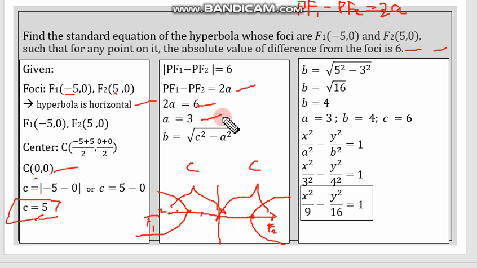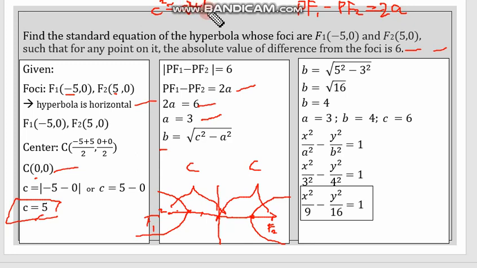Now we have a, we have c. So let's get the value of b. b is equal to the square root of c squared minus a squared, because c squared is equal to a squared plus b squared.